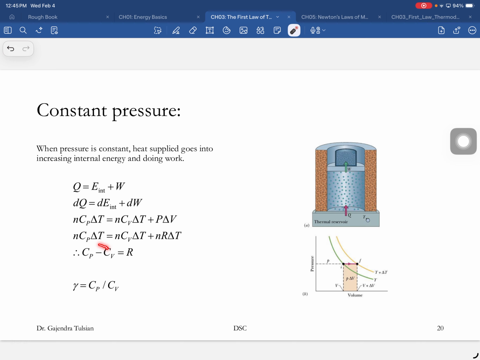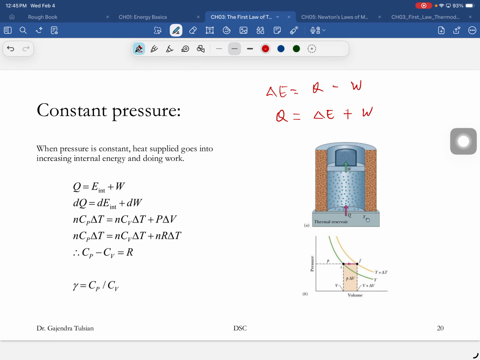All right, now let's derive this equation. Okay? So we'll show that Cp is greater than Cv by R. All right. So here is the first law of thermodynamics: Q equals the change in internal energy plus W. So the amount of heat added is the rise in internal energy plus the work done.